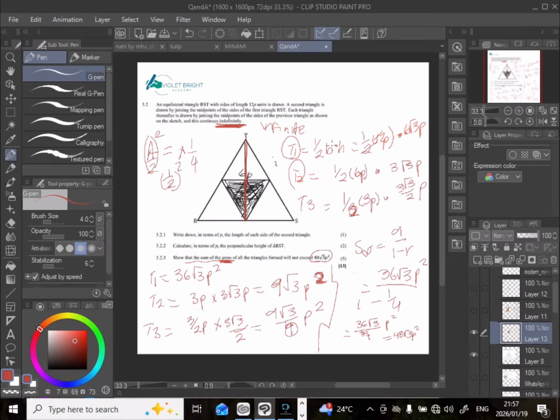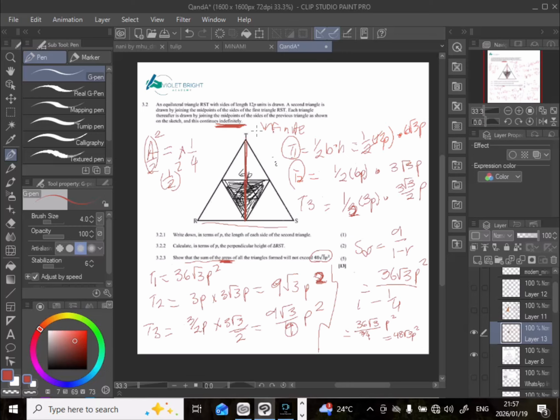When it comes to the area, we need to know the perpendicular height and the base of the triangle. So the first one is the bigger triangle RST, which has a base of 12 and a perpendicular height of 6 root 3.